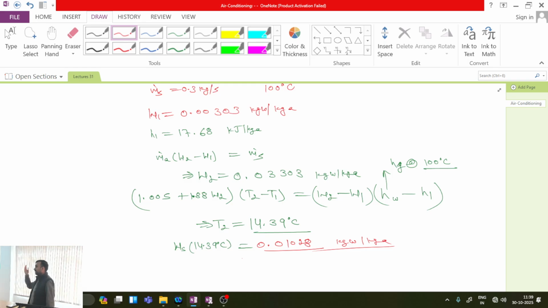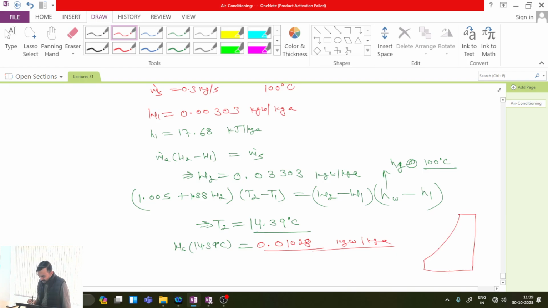Beyond that value it cannot hold moisture. So we went to the psychrometric chart, and at 14.39 degrees Celsius I went to the saturated curve. The saturated curve represents 100% relative humidity, and corresponding to that I checked the value of W, which has become WS.